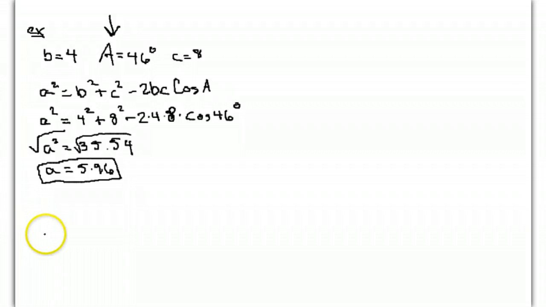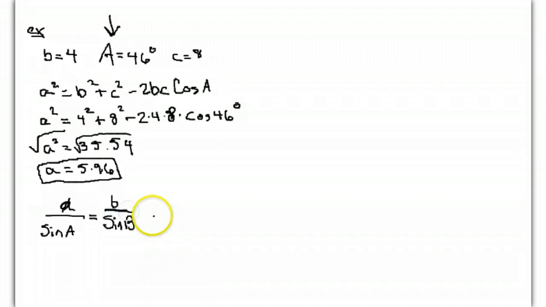So using the law of sines, let me write the formula down. It's going to be little a over sine big A. And since we're trying to figure out B, we're going to equal it to little b over sine of big B. And so little a is what? 5.96.